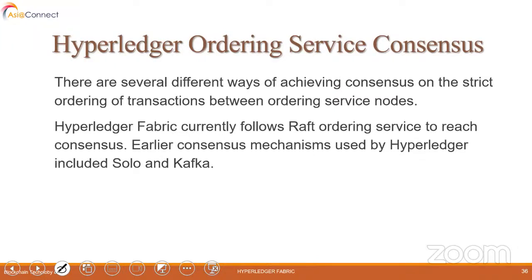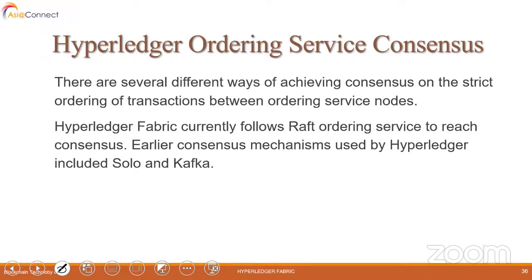So Hyperledger Fabric currently follows Raft ordering service to reach consensus. I'm telling about the ordering service because there are several ordering peers from different organizations. They may be competing with each other, saying let this block be kept first, prior to the other block, but then there has to be a consensus among them.